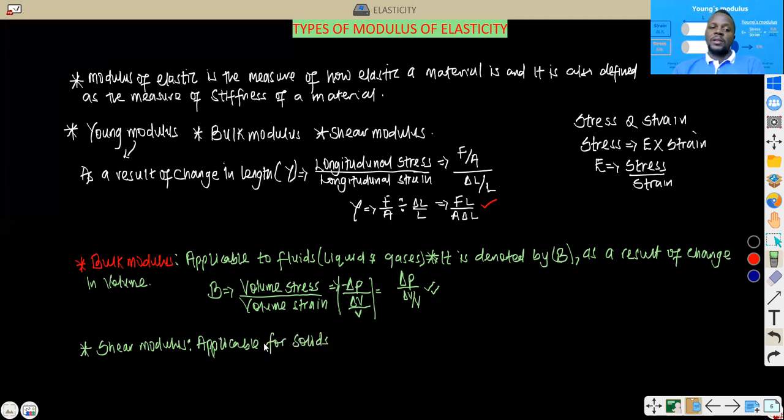And directly it is given as a shear stress over shear strain. So you can just write shear modulus is given numerically as the ratio of shear stress divided by the shear strain.